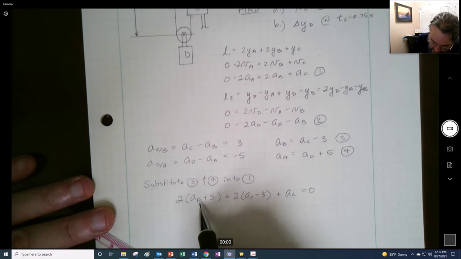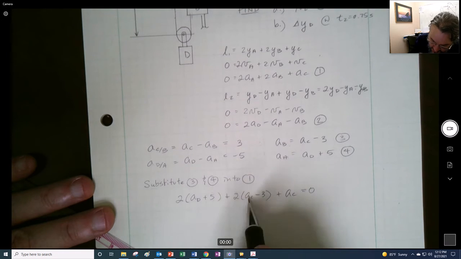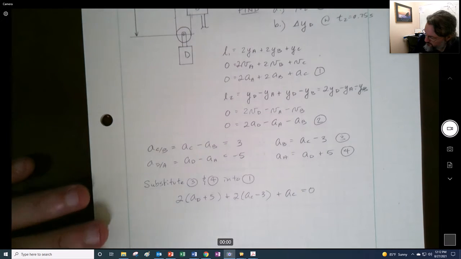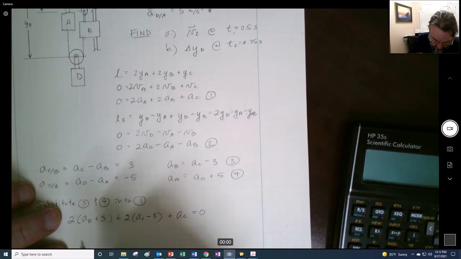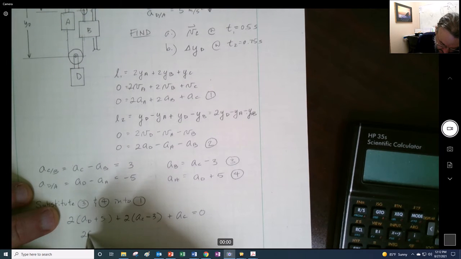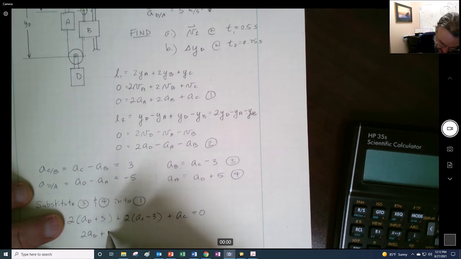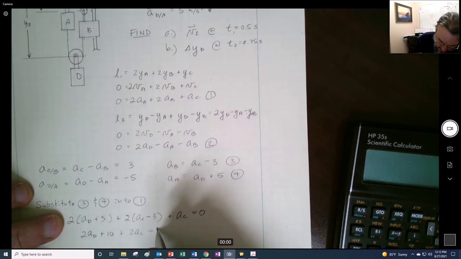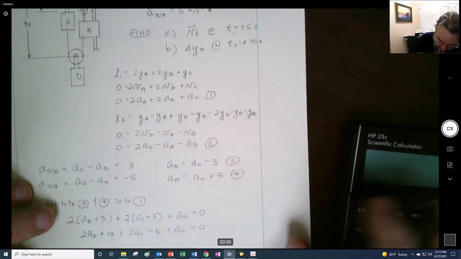And what I've done now, at least I've reduced this down to, so we have 2AD plus 10 plus 2AC minus 6 plus AC equals 0.